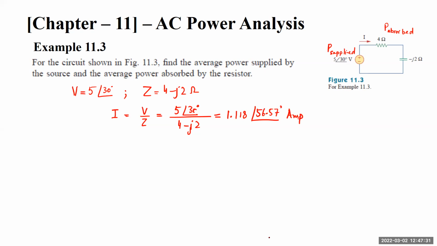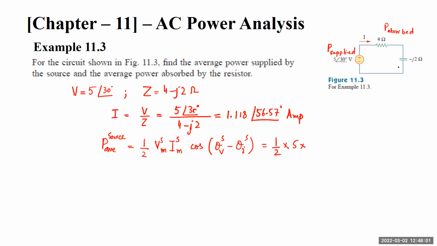So, average power supplied by the source. P average source will be 1/2 Vm Im cos(θv at source minus θi at source). So 1/2, Vm source is 5, multiplied by the current.